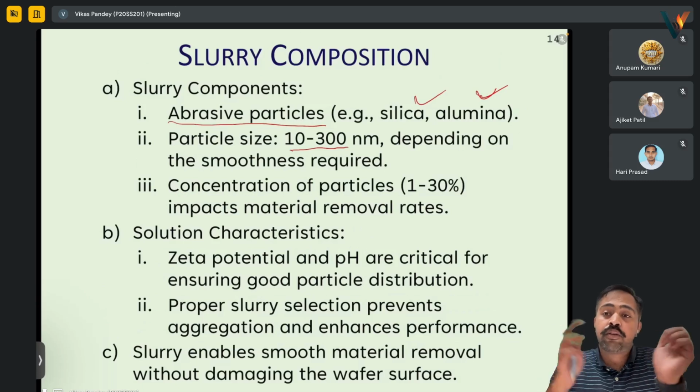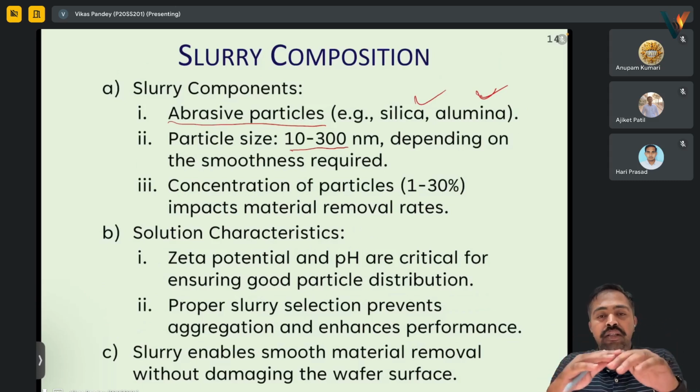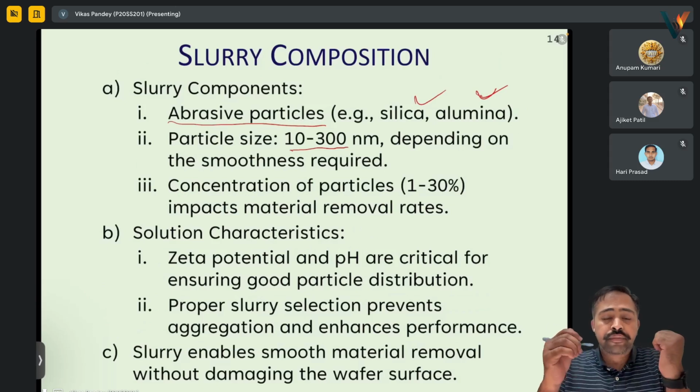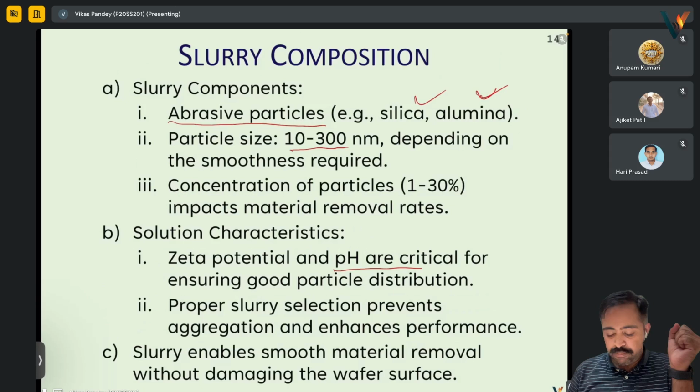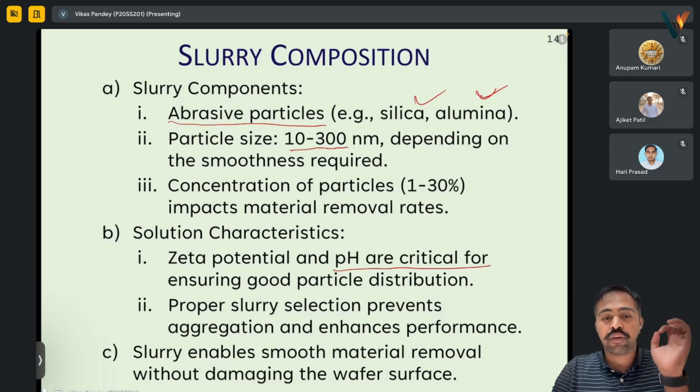Second is the concentration of particles. If we have less concentration, it will take more time to smoothen out. If we have more concentration, it will take less time to smoothen out. Since it is a solution, the zeta potential and pH are critical for ensuring good particle distribution.